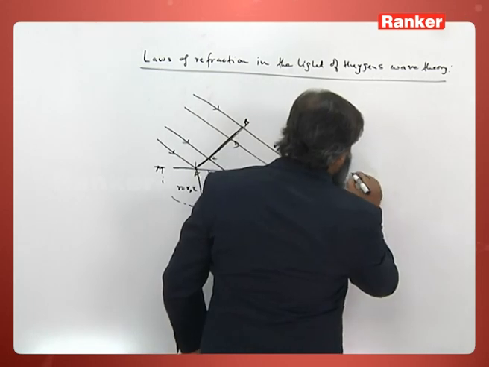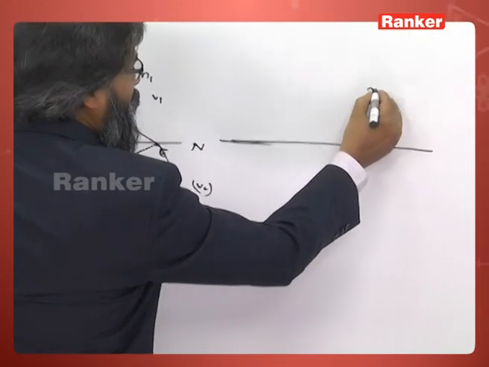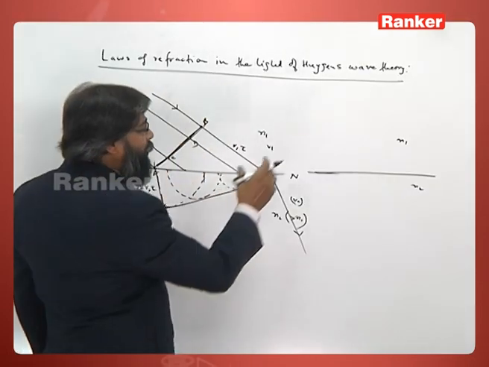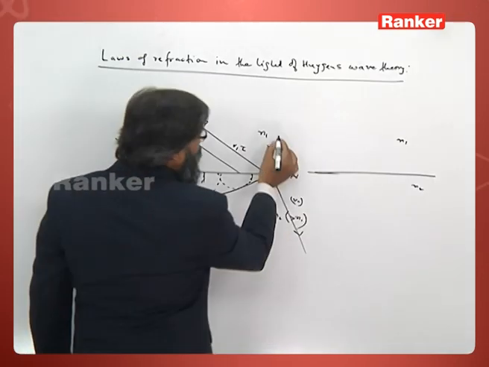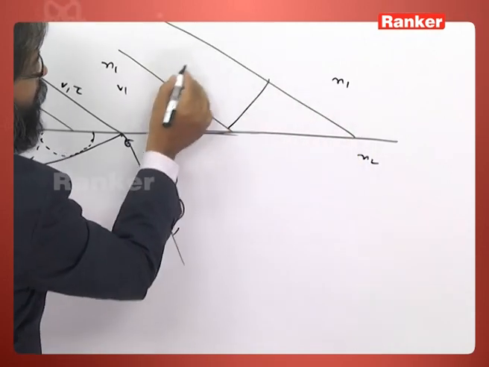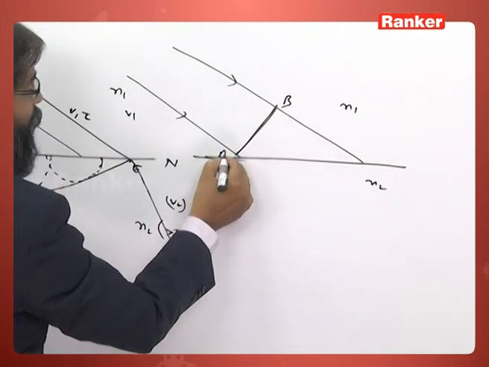We can see the opposite case. Suppose N1 is one medium, N2 is another medium, and let us suppose that the velocity of light in the first medium is more. So what will happen? This is my wavefront, AB is my wavefront.